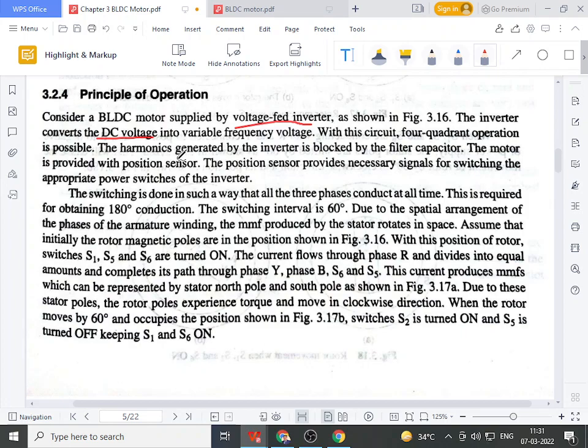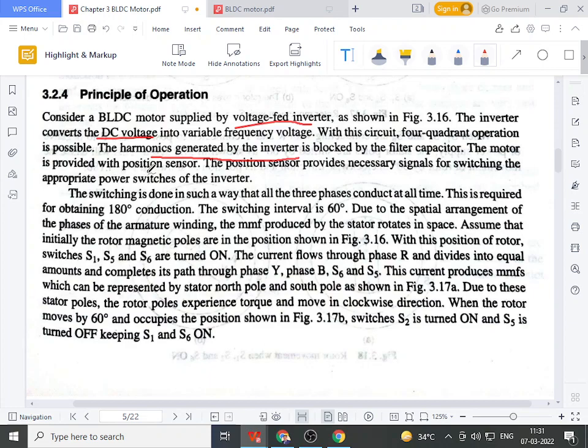I think all of you are familiar with the four quadrant operations of the inverter, because you have learned this inverter circuit in power electronics, that is the PEDC subject, power electronics devices and circuits. Whatever harmonics are generated by this inverter are blocked by the filter capacitor. At the input side there is one filter capacitor, used to filter out harmonics.